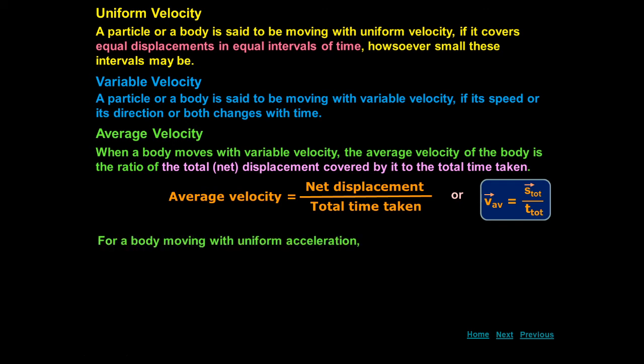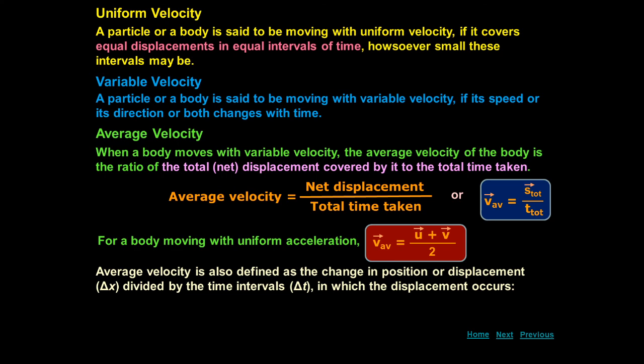For a body moving with uniform acceleration, V average equals initial velocity plus final velocity by 2. If not, then we will see in the next.